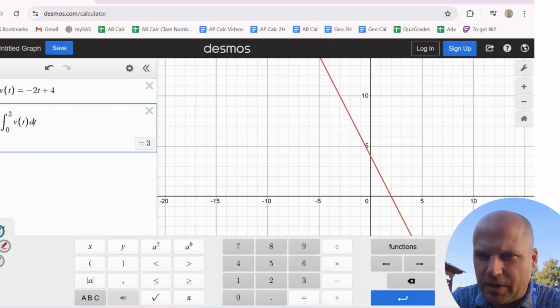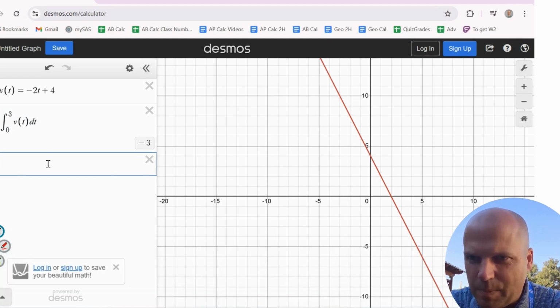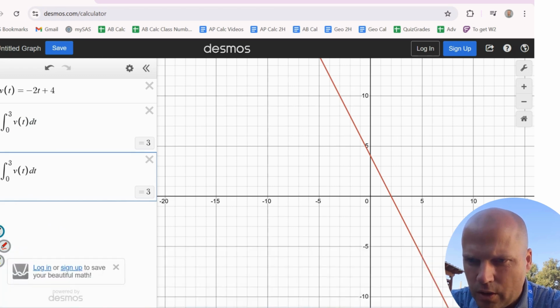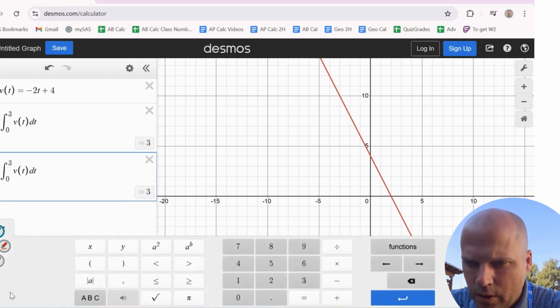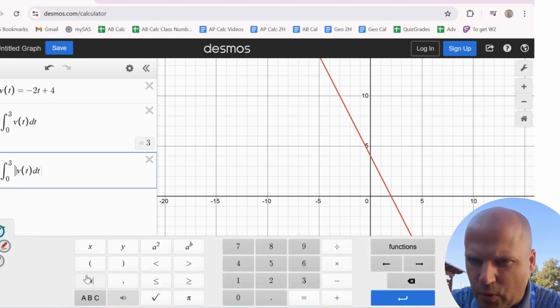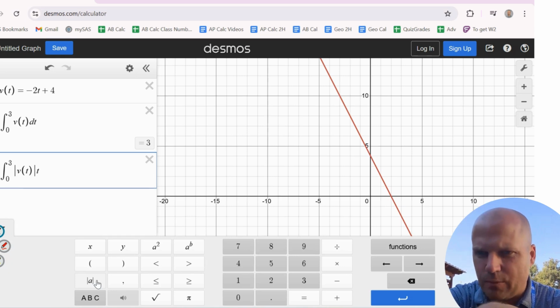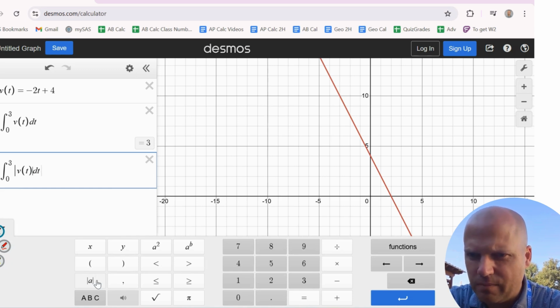Here's the displacement. Add in an absolute value. You can just copy paste, then go to your keyboard and put an absolute value before and after V. You could do it after the DT, that would work as well. Oh, no, they don't let you do that.